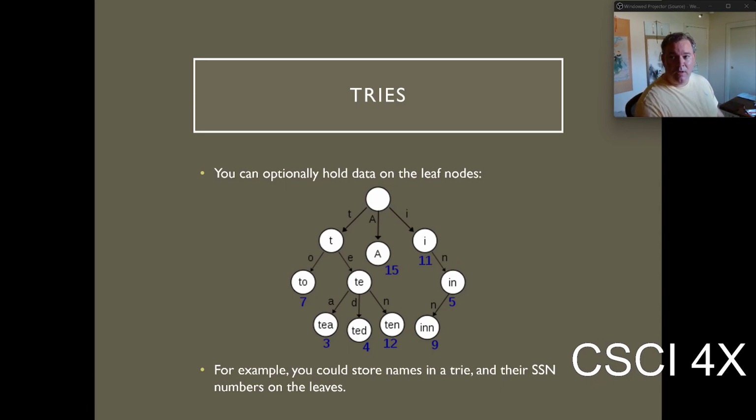They're really useful. So, for example, here's a trie constructed with a few different words: I, A, T, Ted, ten, and N, one with one N, one with two N's. At each node, you can think of it as having an array of 26 pointers. Now, in reality, there are ways of not needing to have 26 pointers.